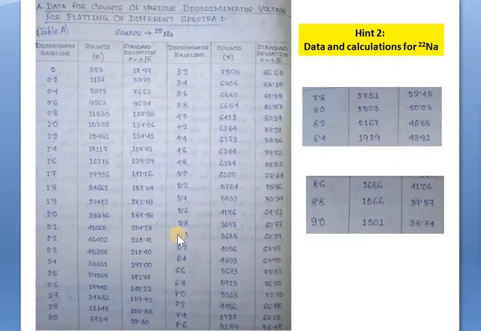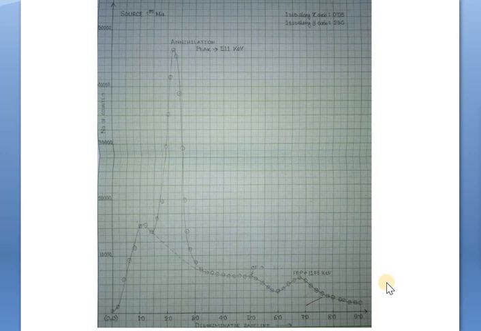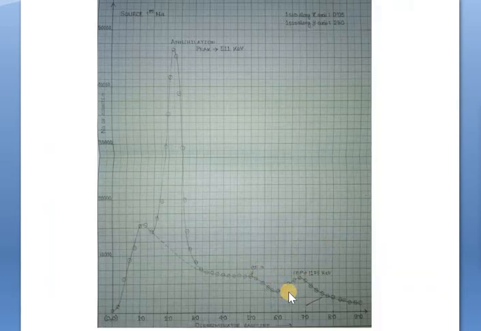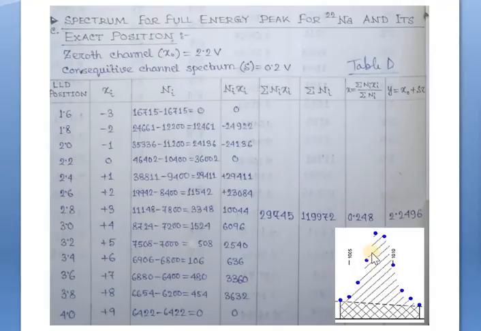So if you do the plot of the discriminator baseline voltage, in volts, versus counts, you will get this. Okay, next what we have done yesterday, remember I told you that from this full energy peak you have to do a sort of subtraction like this, cut it, and then take this peak apart, and for that the calculations I have shown here.